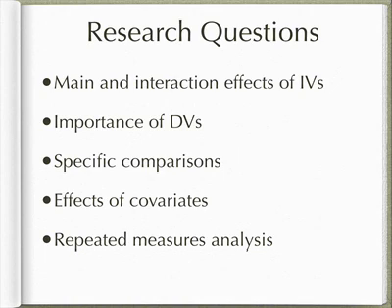So if you do a 3-way ANOVA or 3-way MANOVA, you're going to get 1 3-way interaction, 1 interaction between IV1 and IV2, 1 between IV1 and IV3, and 1 between IV2 and IV3. All possible pairs. Plus you'll get 3 main effects, 1 for each of your independent variables.